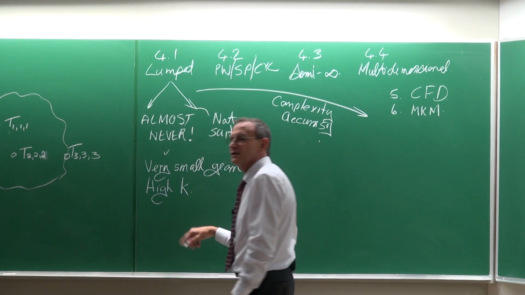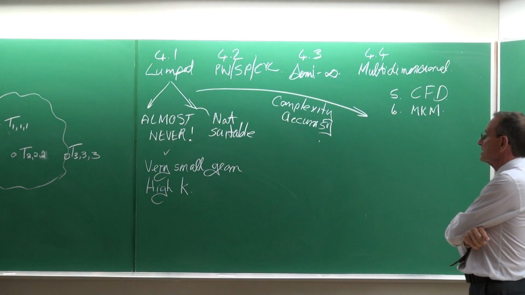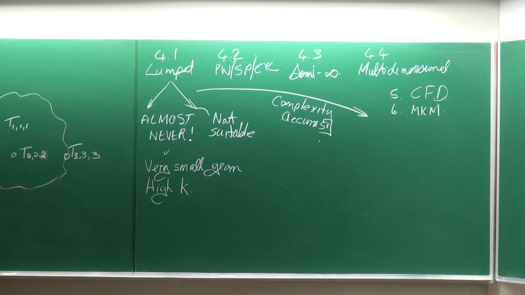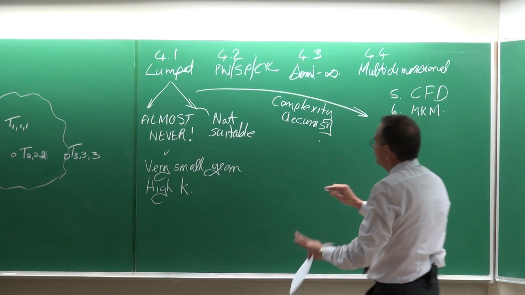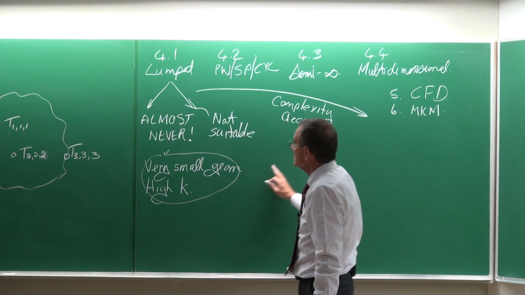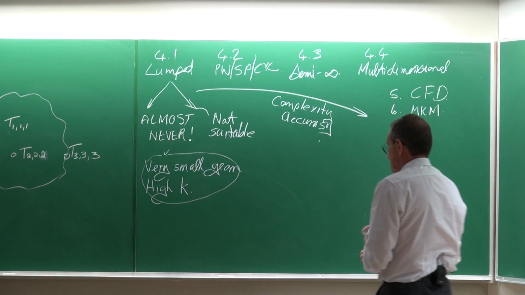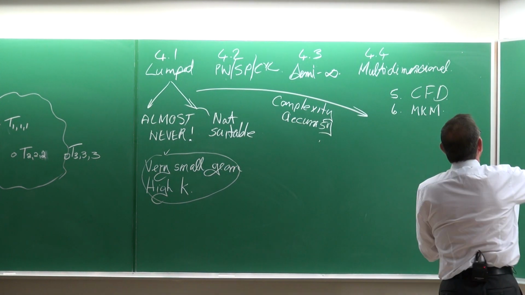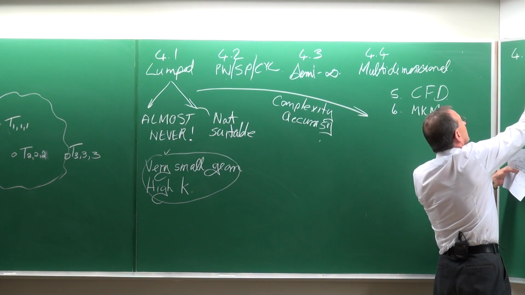High K is for thermal conductivity, watts per meter Kelvin, and high values of K. And even those two criteria are not a good enough criterion for us to use the lumped system approach with. So let's start with the lumped system.